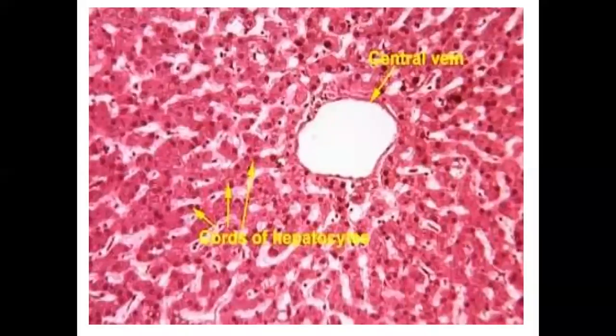Again, a closer view: this is the central vein, these are the cords of hepatocytes, and in between the cords of hepatocytes, the irregular plates of hepatocytes, there are the sinusoids.